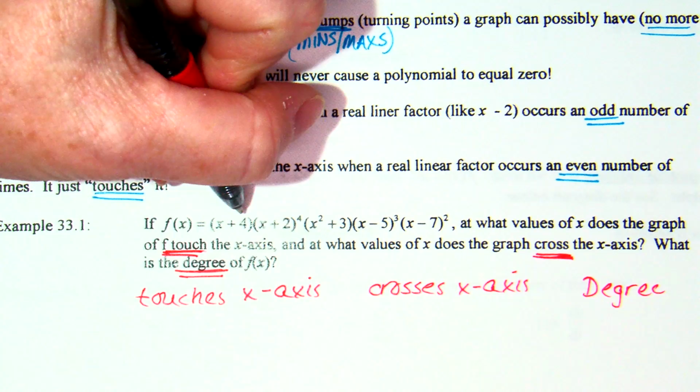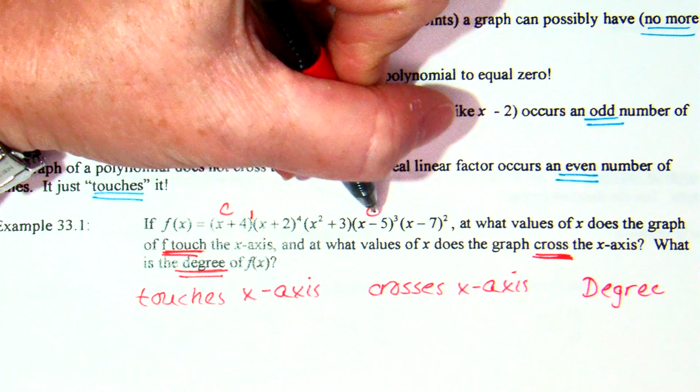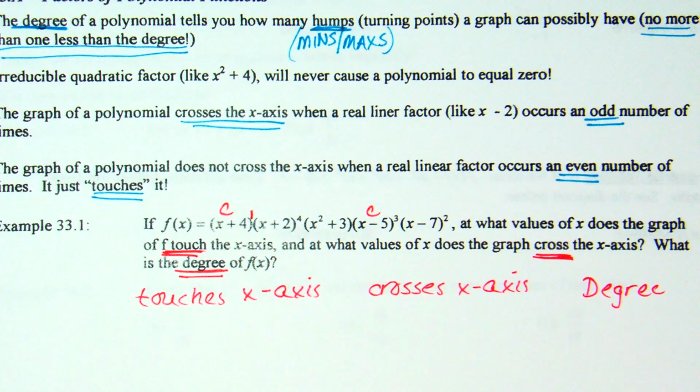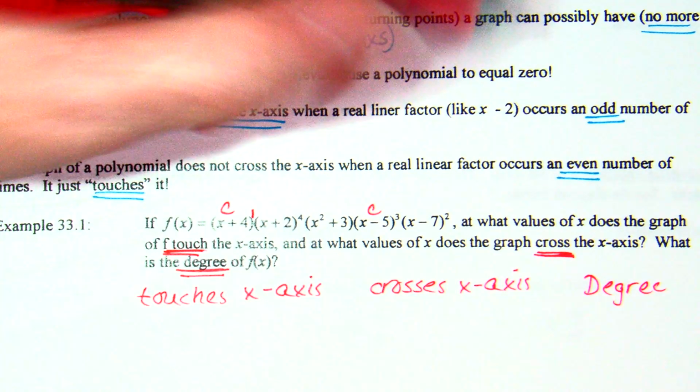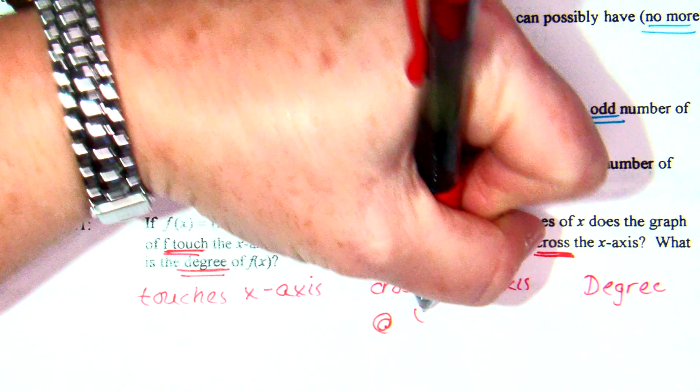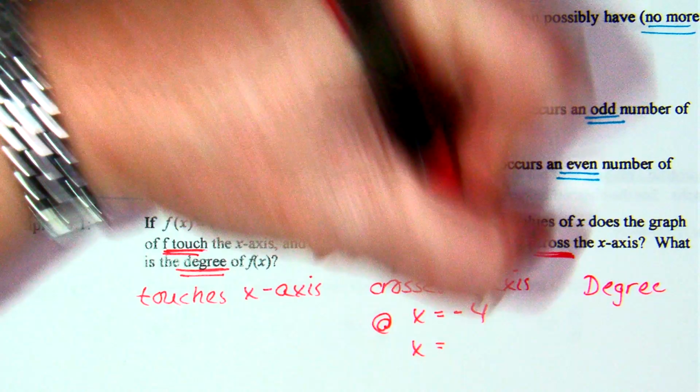X minus 5 is raised to the power of 3. So those zeros are places where it will cross. Does that make sense? So I'm going to cross the x-axis at x equals -4 and x equals 5.